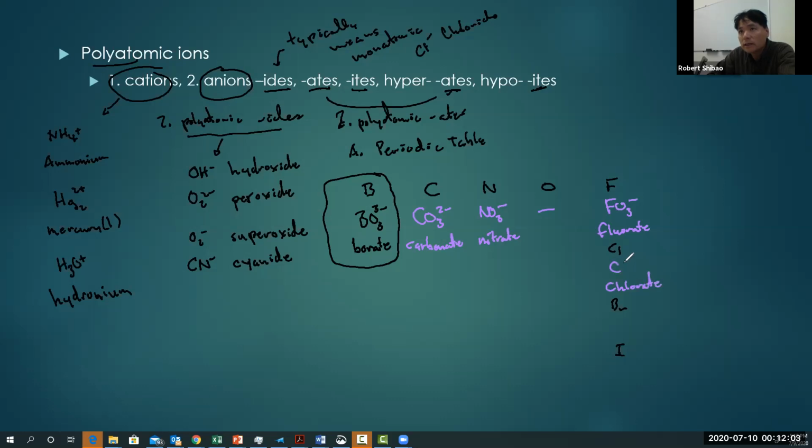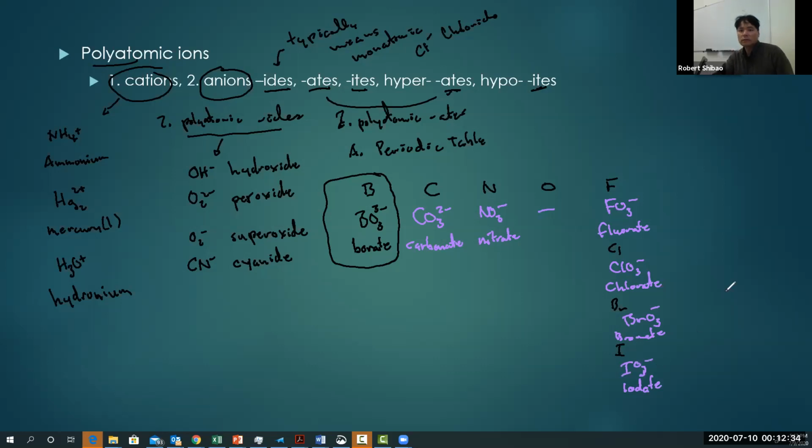Chlorate is ClO3-. And then we go to bromate. Bromate is BrO3-. Don't get it confused with borate. Borate is BO3 3-. Bromate is BrO3 1-. Then we go to iodate. Iodate is IO3-.